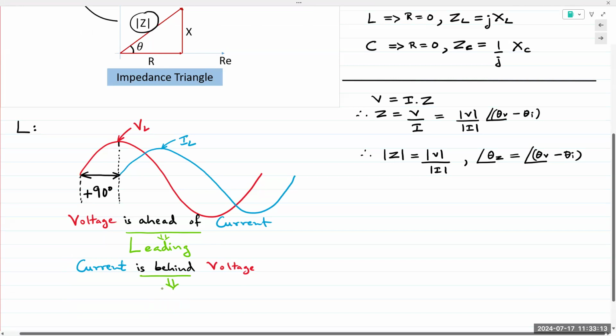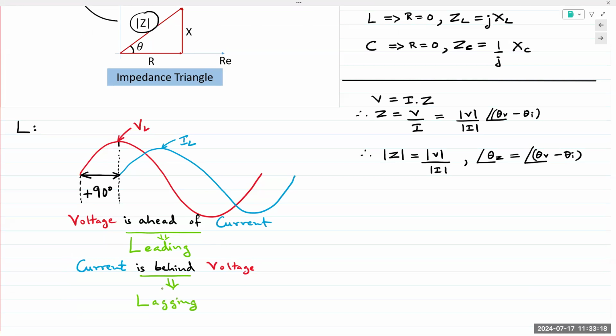Actually, since I'm using leading, let me use lagging. So in the same terms, I can write voltage is leading the current or current is lagging the voltage. Depends on your perspective. If two people are walking down the street, you could say person A is ahead of person B, or you could say person B is behind person A. So it means the same thing in this case. Voltage is ahead of the current by 90 degrees, or current is behind the voltage always by 90 degrees. So there is a phase difference between the voltage and the current of plus 90.